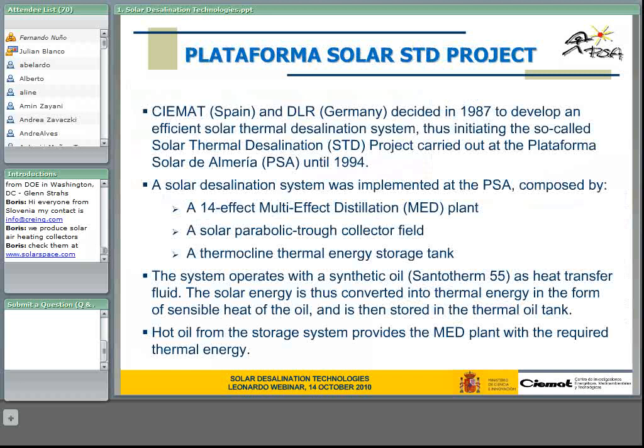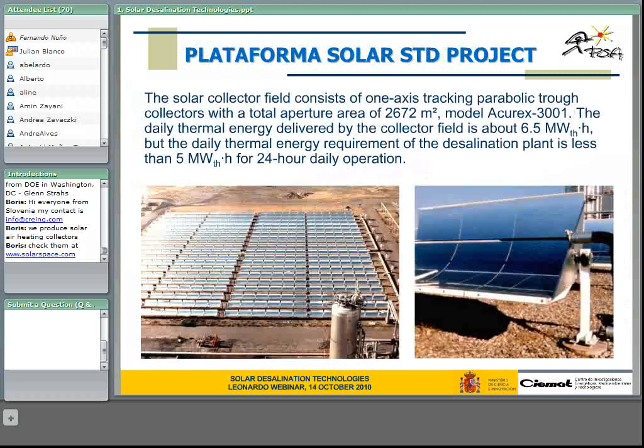Here you can see a picture of this, the view of the parabolic trough. It is 2,600 square meters of parabolic trough collectors. This solar collector field is still in operation. Today it is the oldest solar parabolic trough field in the world, with about 30 years of operation.